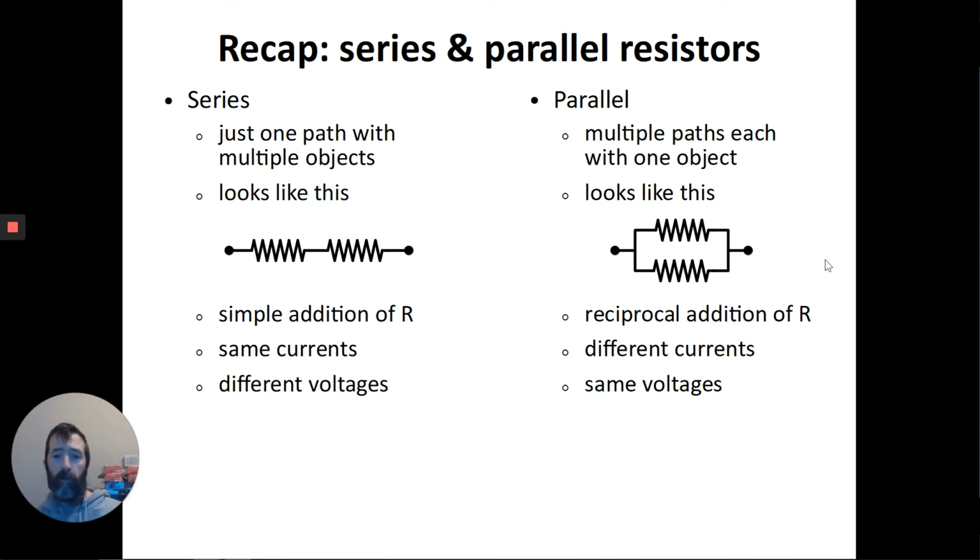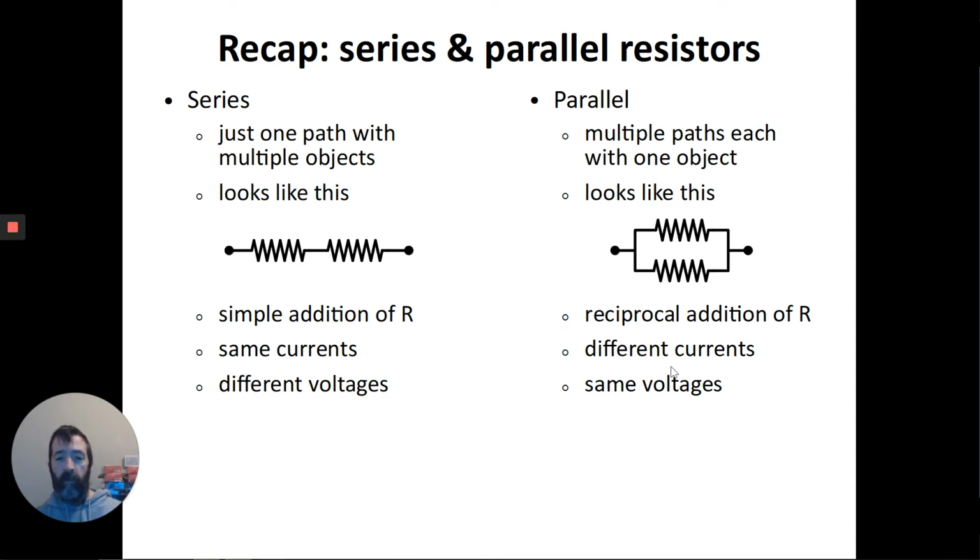You pick. If you want to know the total amount of resistance when there are resistors in parallel, you have to do that weird reciprocal addition. So you take 1 over each R value and get the sum of the reciprocals, and then you take the reciprocal again to get the total.